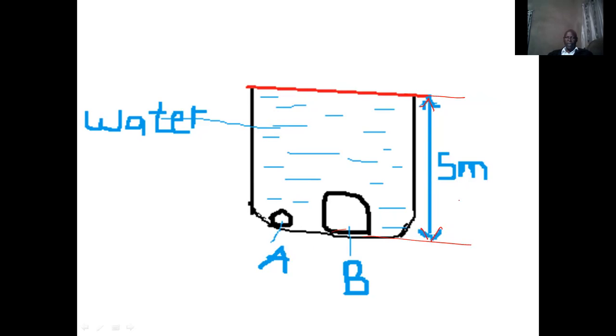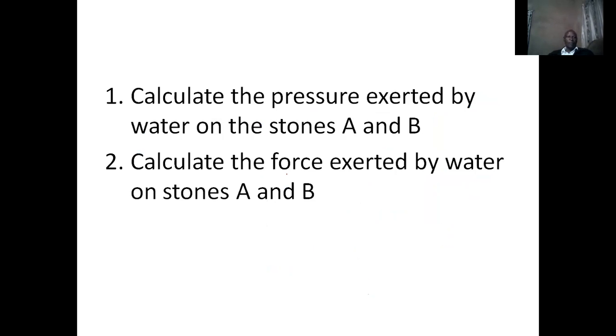The depth to which these stones A and B are is 5 meters. And this tin contains water. And so the equations are as follows. Calculate the pressure exerted by water on the stones A and B.